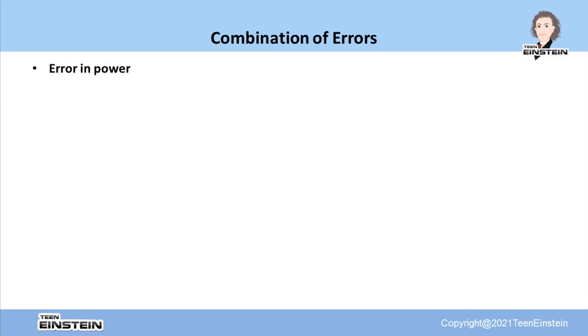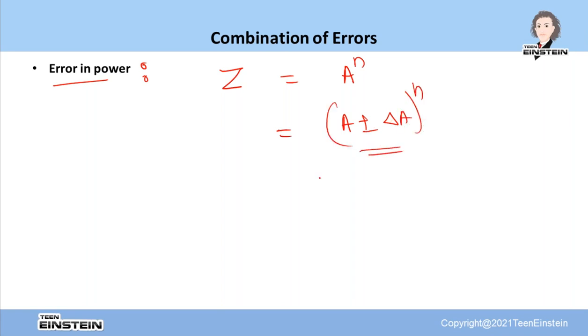Okay, now we'll just go to another part, that is the power part. Suppose I have z is equal to a to the power n. So in this case, suppose I have error in a, a plus or minus delta a, then whole to the power n. So how do you get this?